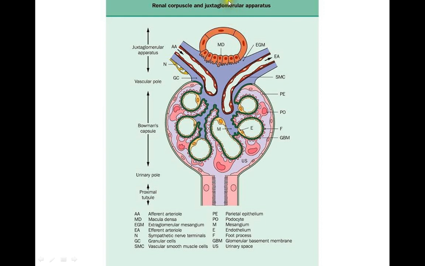Which continues here, and then it goes around the capsule to continue here with the tubular basement membrane. So tubular basement membrane and glomerular basement membrane are continuously connected with each other.